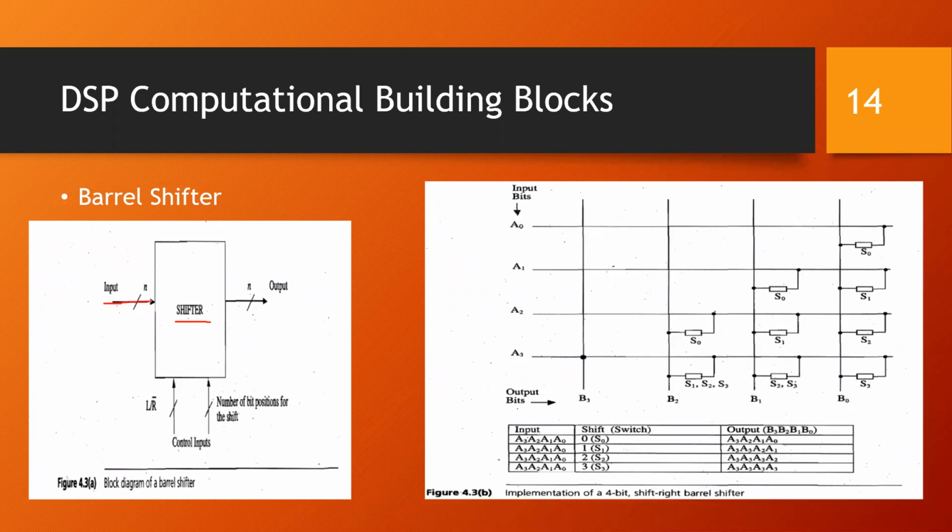We'll have an n-bit input and the shifted output will also be n bits in size. For this purpose, we require 2 control inputs specifying how many bits you want to shift and whether you want to perform a left shift or a right shift. Accordingly, the shift operation will be performed.